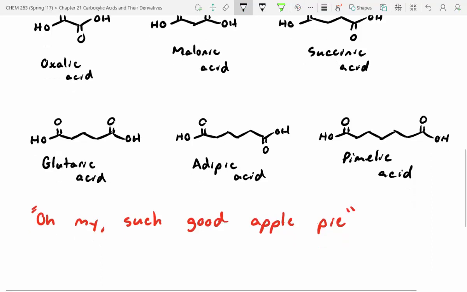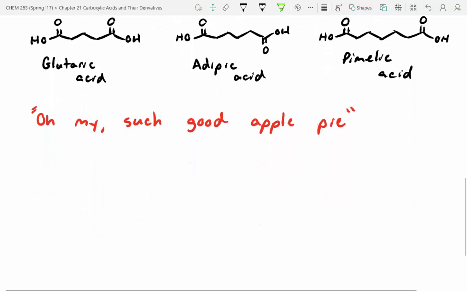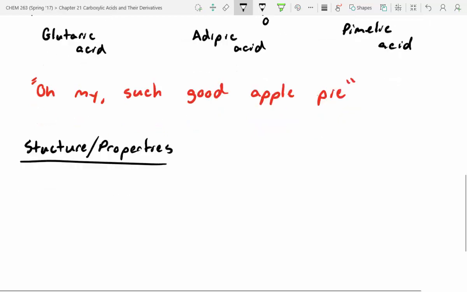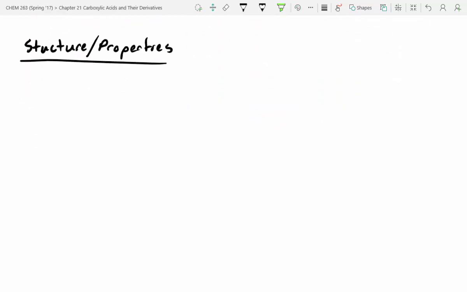All right, one kind of odd thing with carboxylic acids is their hydrogen bonding. A lot of people said when they made their benzoic acid that they had a hard time getting it dry.